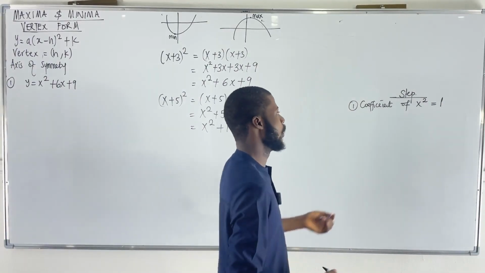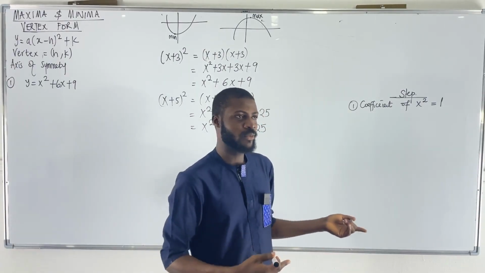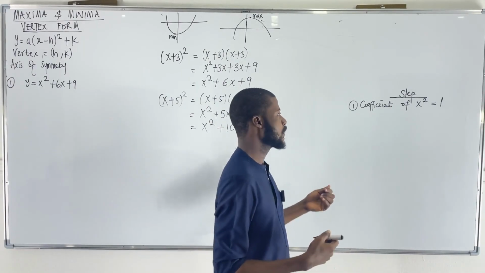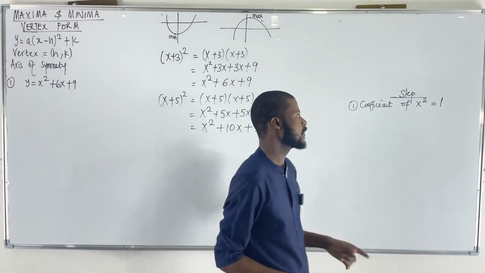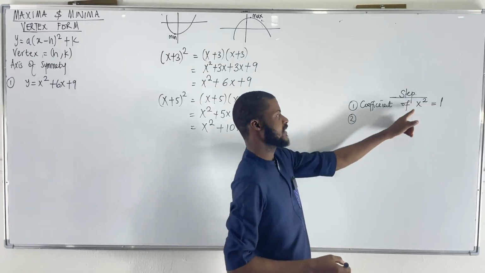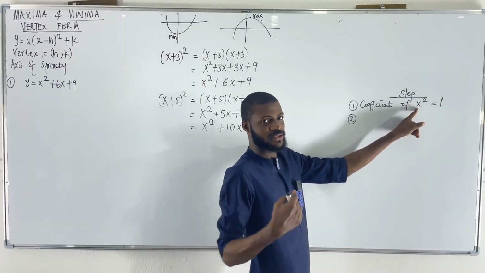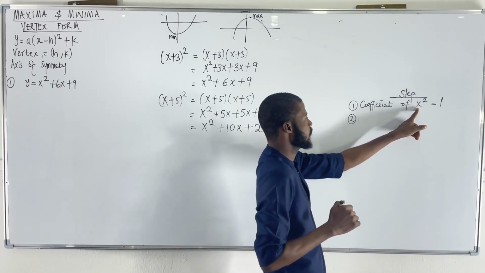This tells me that if it is not 1, I have to divide everything by that very number to make it 1. So it's very important you do so. The second thing I'll do then, also, if it is negative, I factorize, because I should only have x squared. We're going to see that in future questions.